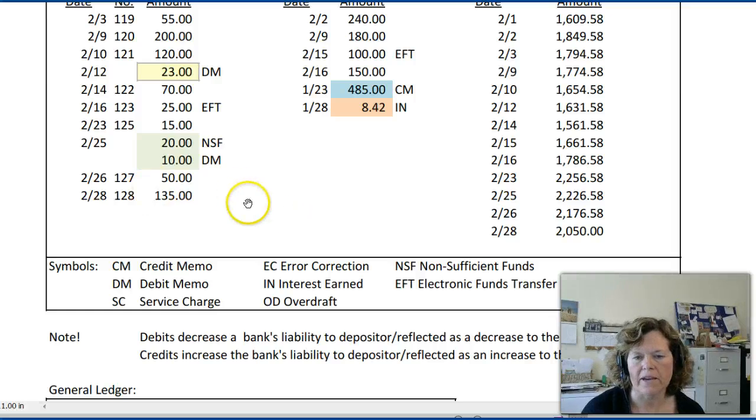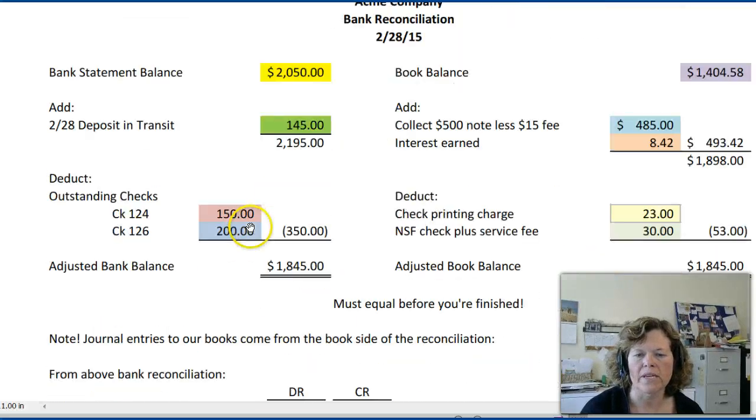They did not clear the bank by the end of the month, so we need to account for that down here. We've written them, they're February checks, they just haven't cleared the bank. So we need to deduct those from this bank balance up here. Once we've got our deposit in transit and our outstanding checks, 2,050 plus 145 minus 350 gets us to 1,845.